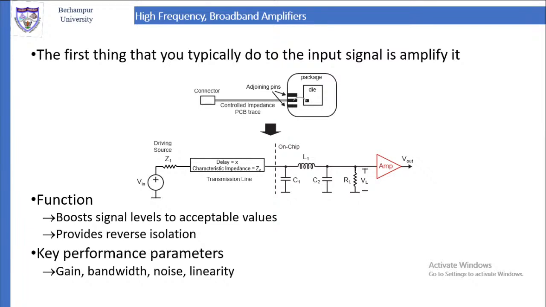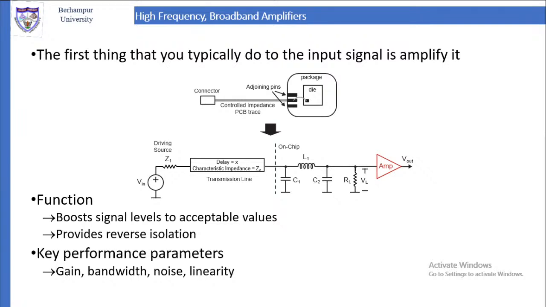Whatever electrical signals you are playing with should not come to the antenna. This amplifier actually works as a buffer. It separates that, so that Vout that you are playing with when you are using it as a calculator will not go to the antenna. So it provides reverse isolation.